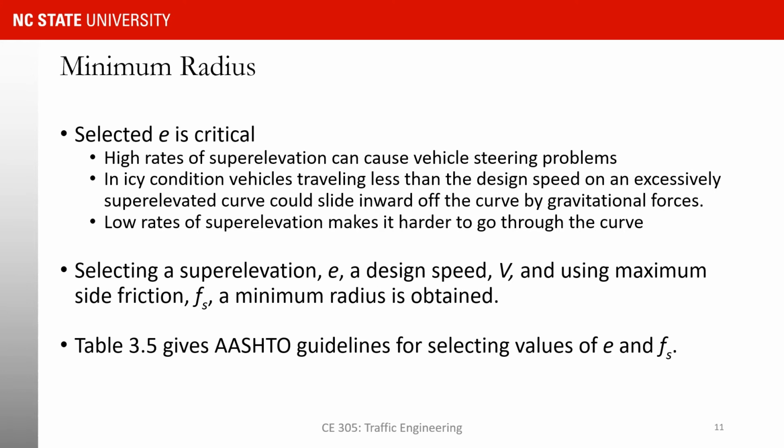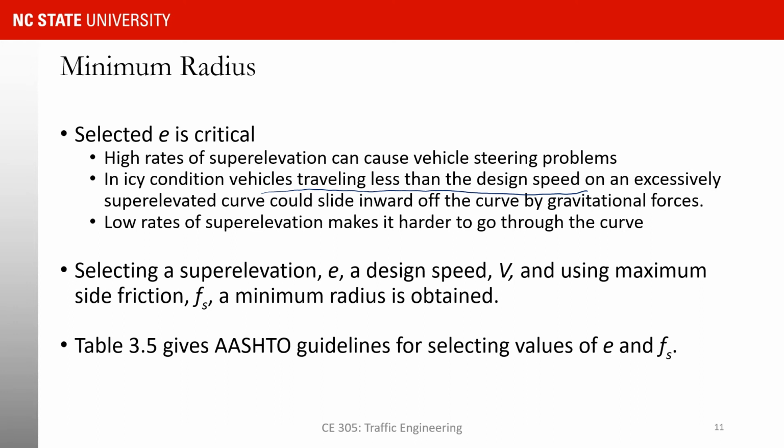So just read through these bullets that I have here. High rates of super elevation can cause vehicle steering problems. These are mostly oversteering, right? So when you are turning, you go towards the center of the curve. In icy conditions, vehicles that are traveling less than the design speed, or maybe they are stopped or going very slow, could slide inward of the curve by gravitational forces.